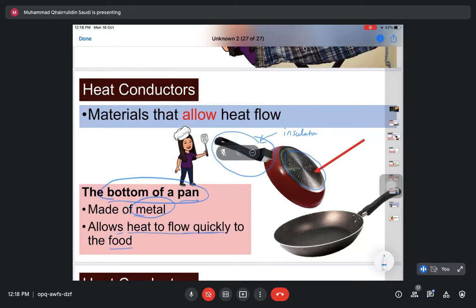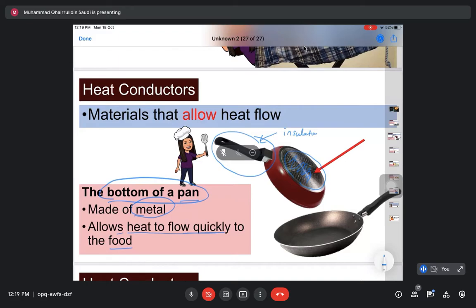Kalau kita guna insulator dekat bottom of the pan, dia akan menyebabkan heat cannot flow easily. Or the insulator does not allow heat to flow. So, tak ada heat yang sampai dekat our food. Our food cannot be cooked.